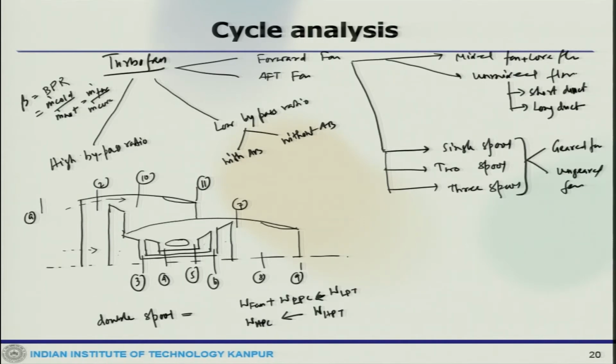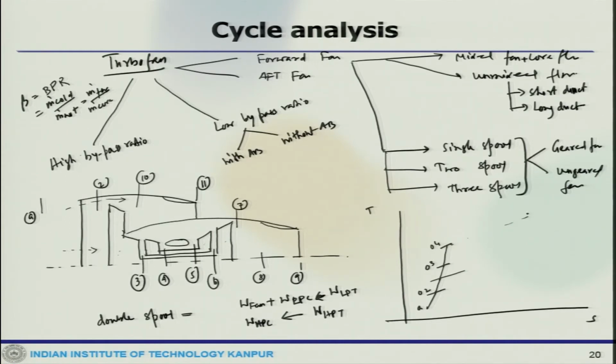Now, we can look at the TS diagram. Let us start with A. So, this is A, we go to 2, then we go to 3, then 3 to 4, then we go to 5, 5 to 6, to 7, if there is no afterburning it is 8, 8 to 9, and this is 10, where 10 to 11.